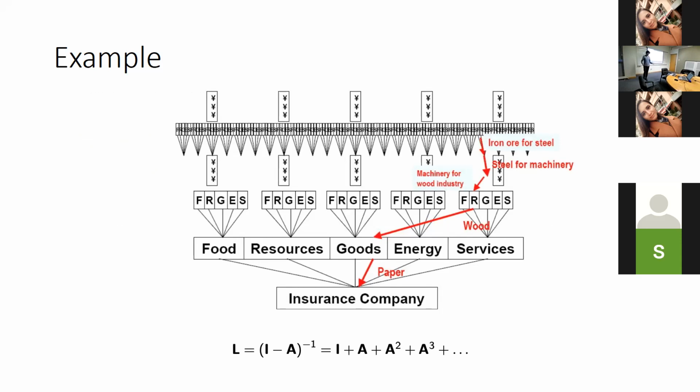So that was a big breakthrough. You can basically, with high precision, answer any of these questions: how much of any resource in your domestic economy is used by any of the other industries?